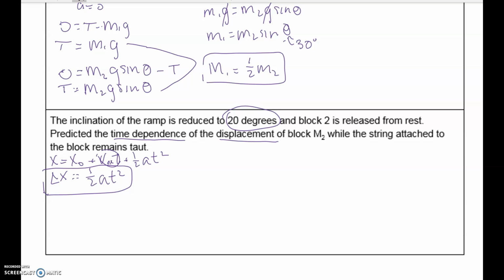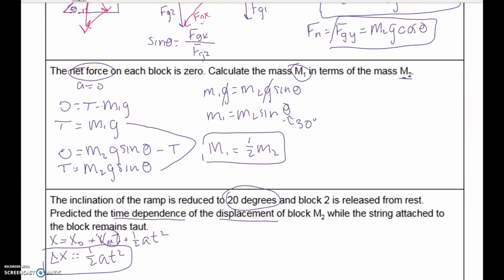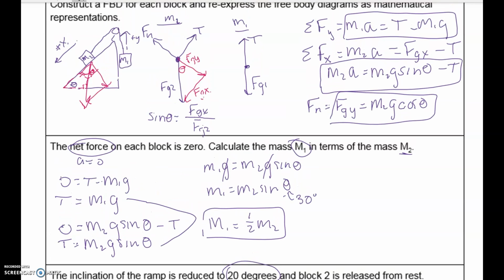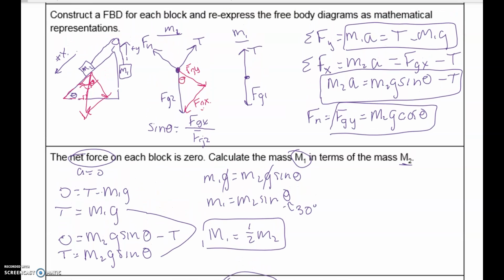Now this is going to be a little annoying because, going back to my free body diagram step, I did have two expressions here for acceleration. We have m1a is equal to tension minus m1g, and then m2a is m2g sine theta minus tension.